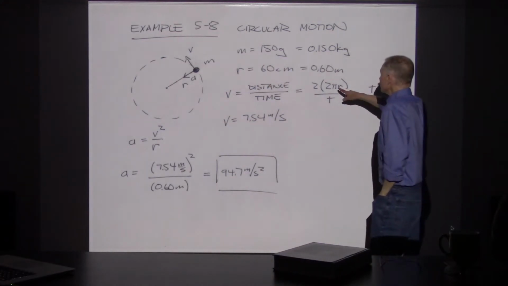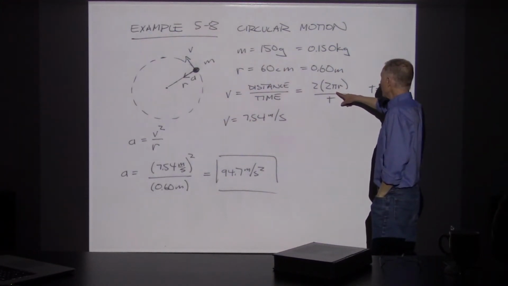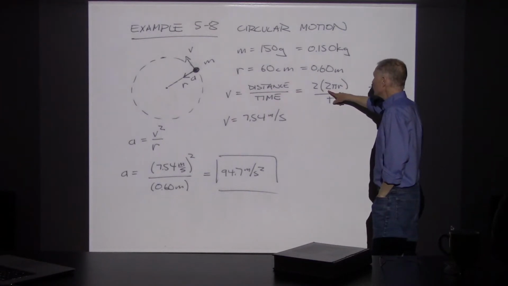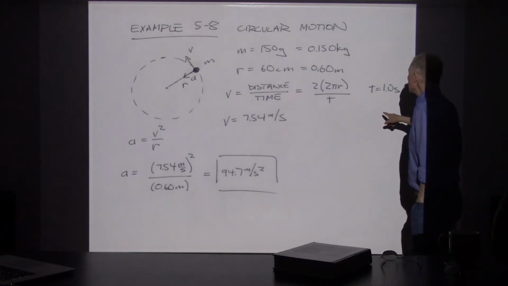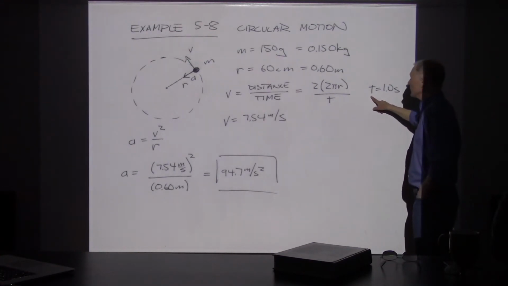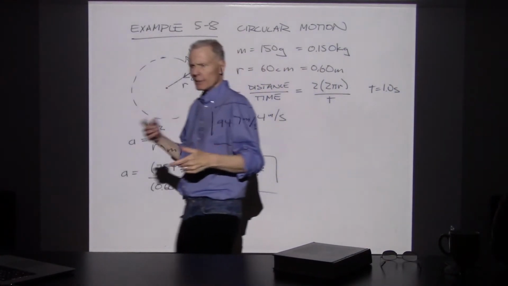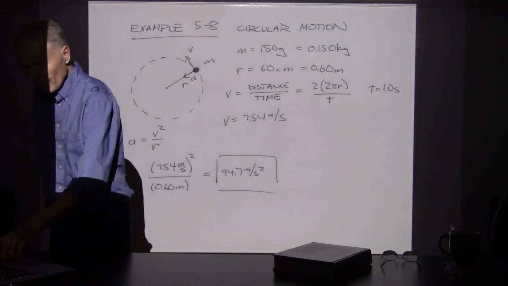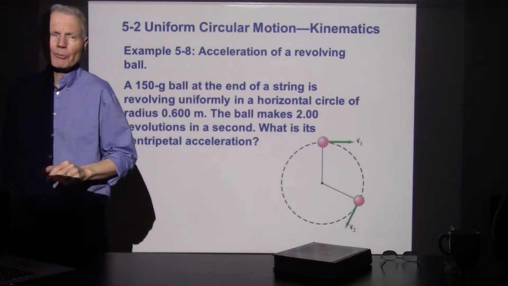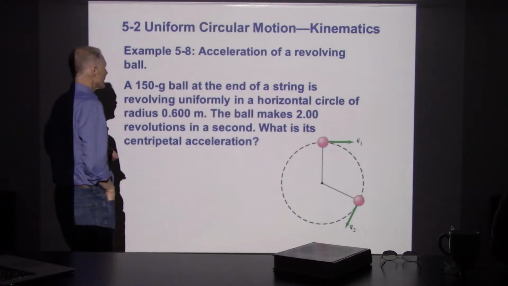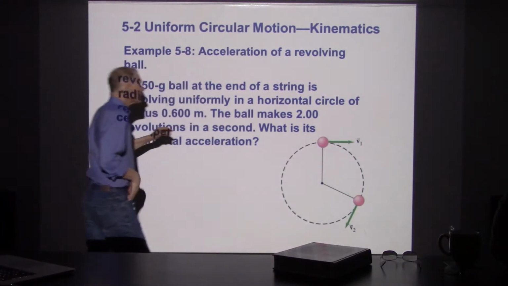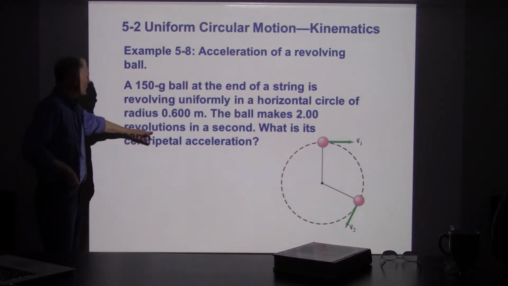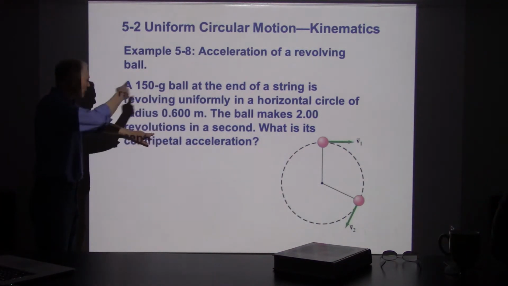So the distance that we're going to travel here is 2 pi r divided by t, and the t, they told us, we've got to go back and get more information here. I didn't read the problem carefully, so I've got to go back and read it carefully this time. I did not read this sentence. The ball makes exactly 2 revolutions.